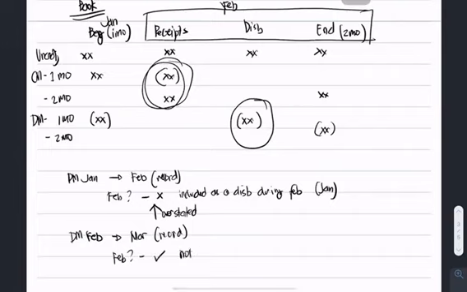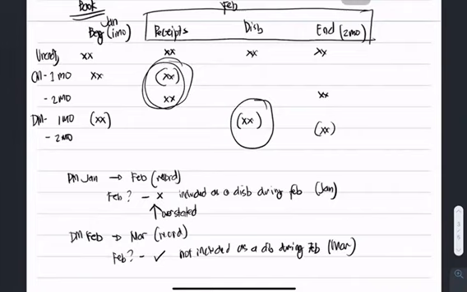However, it is not included as a disbursement during February, but included in March. So what should we do? It is not included now as a disbursement. So it means that your disbursement is understated. It being understated, what should we do? We need to increase our disbursement. Okay?